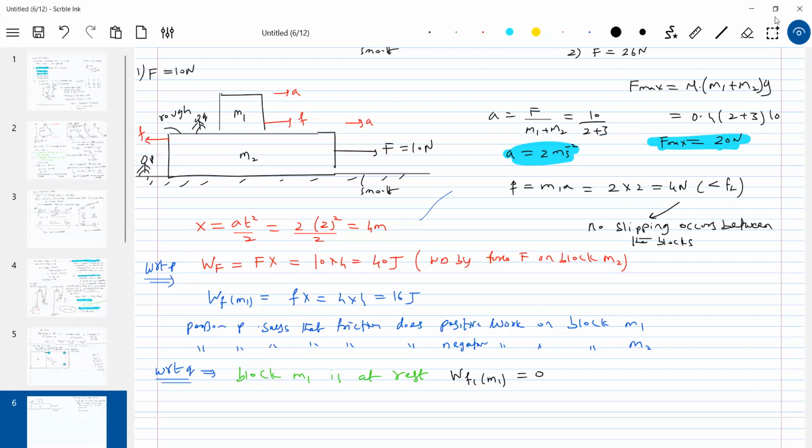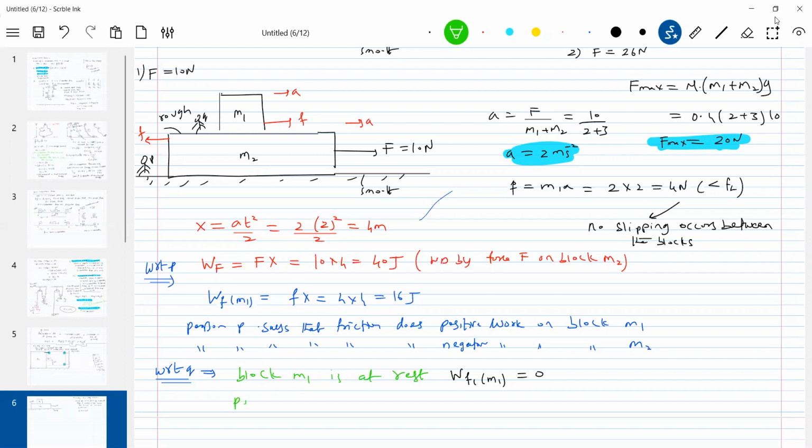Look at the role of friction here. In frame P, the ground frame, the friction does positive work on the block M1. In the block frame, the friction does 0 work. So shall I say work done by a force depends on the frame of reference. Getting the idea? So look at the work done by friction.